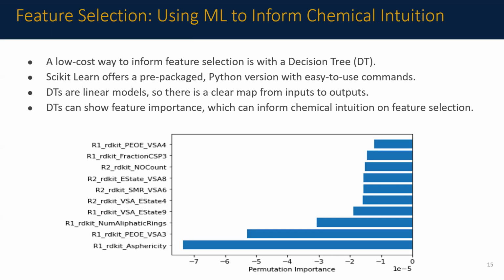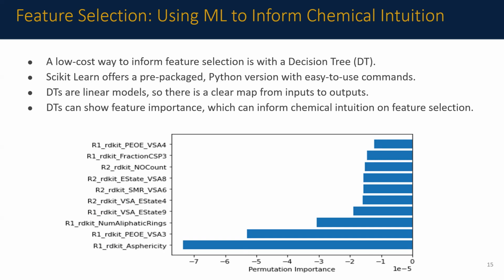So there's a nice clear map from inputs to outputs, which allows us to figure out feature importance.